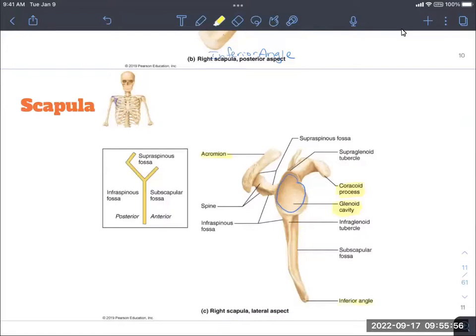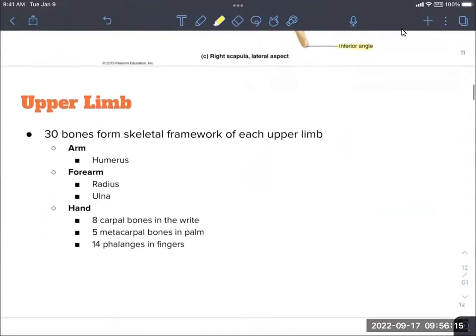We have the inferior angle. We see the spine of the scapula. You can see how that sticks out so much, so you can feel that on people's backs. And that's what you need to know on the scapula.